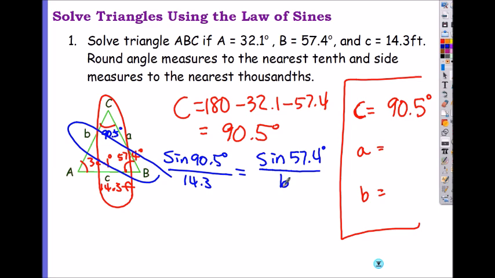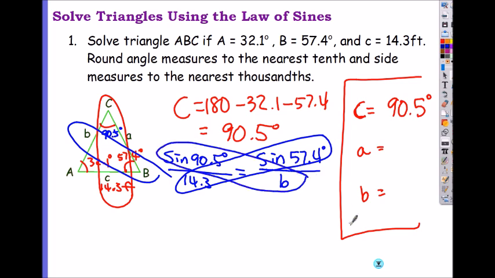Then you cross multiply. And don't plug into the calculator yet. Just write what your final expression is and plug it in at once at the end, so you don't have to keep rounding your answers throughout.